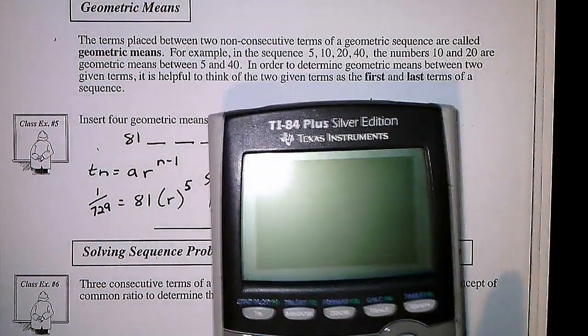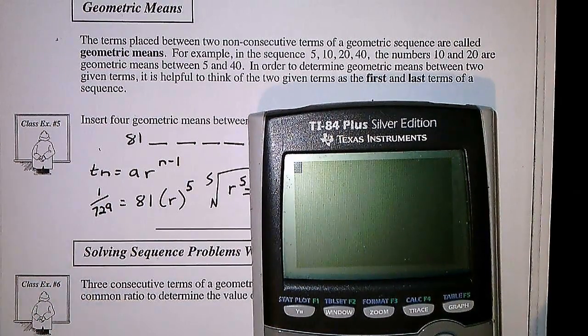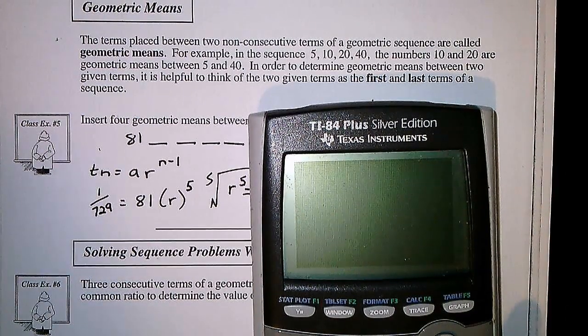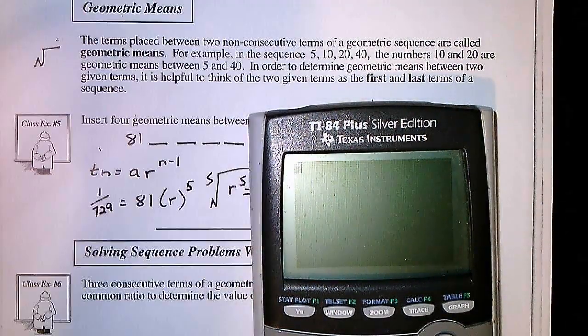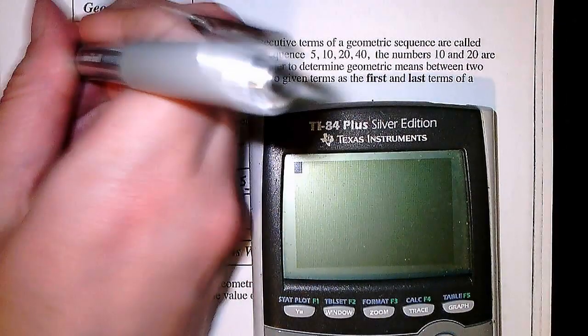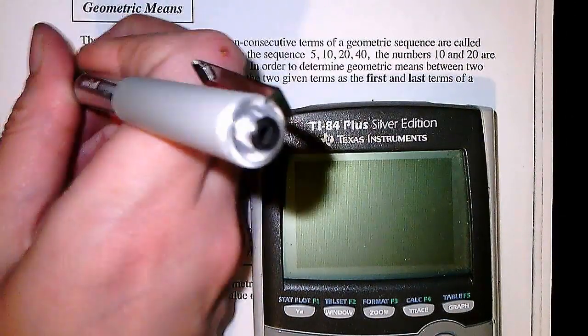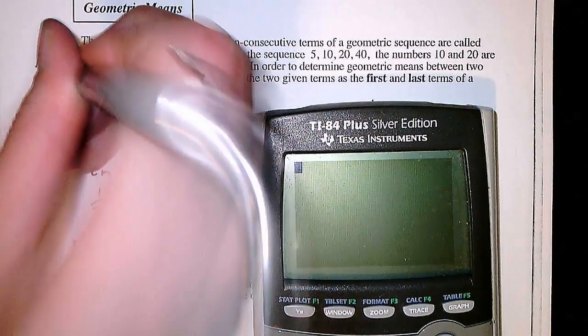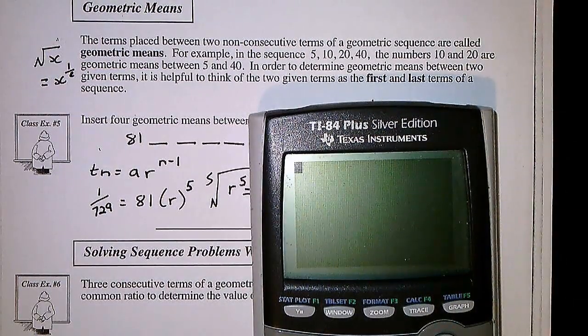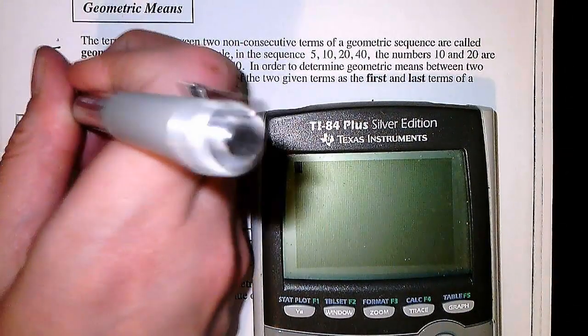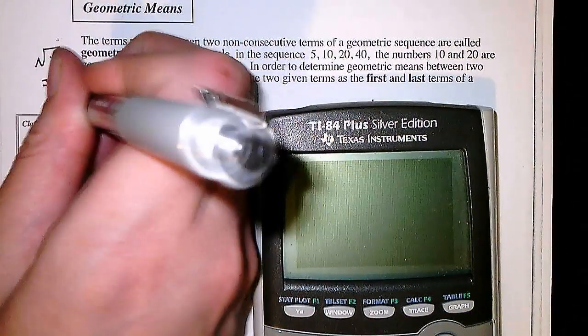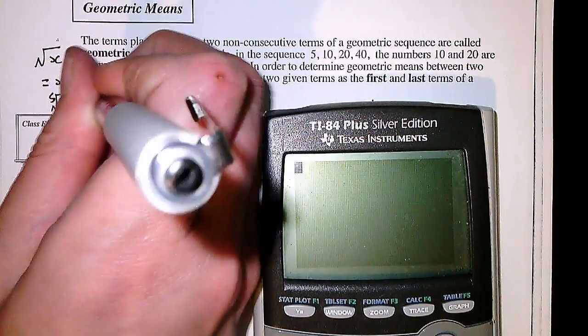One way that you can use your calculator to find roots like that is you can use exponents. So if you have, for example, a square root of x, then that is the same thing as having x to the exponent 1/2. So if I want to do a 5th root, I can make that the same as using x to the 1/5.